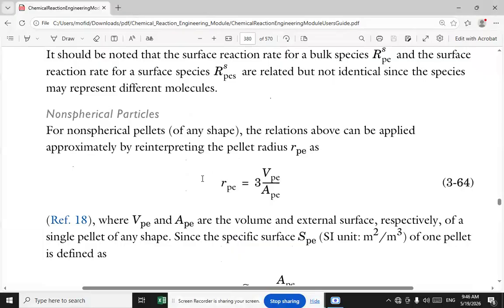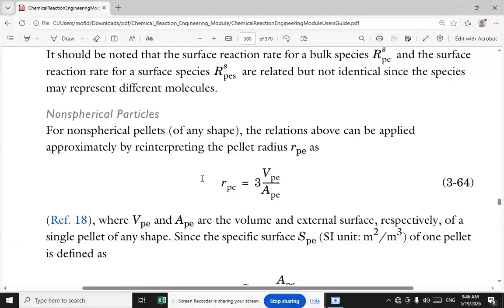Now I want to go through the non-spherical particles. For non-spherical pellets of any shape, the relations above can be applied approximately by reinterpreting the pellet radius: r_pellet is equal to 3 multiplied by V_pellet divided by A_pellet.